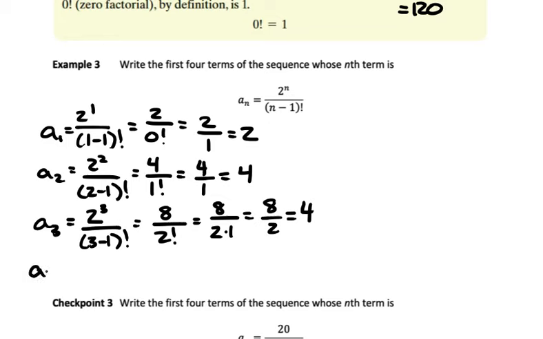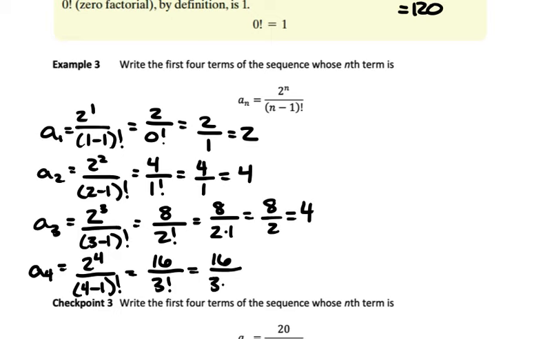And finally, my fourth term, 2 to the fourth over 4 minus 1 factorial. 2 to the fourth is 16, and 4 minus 1 is 3. 3 factorial is 3 times 2 times 1, which is 6.